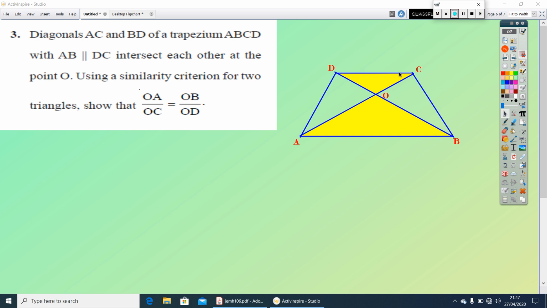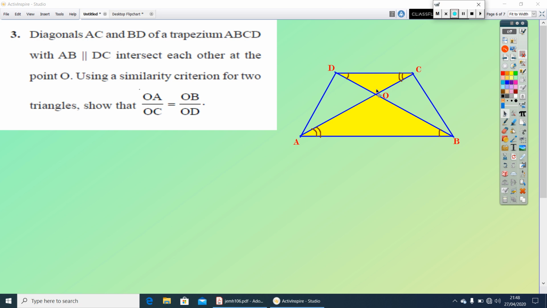So they are parallel, therefore alternate interior angles: angle CDO and angle OBA you can say are equal. Similarly, angle DCO and angle BAO also you can say are equal. These two angles being equal means by AA similarity you can prove that triangle DCO is similar to triangle BAO, then the corresponding ratios you can take as equal.